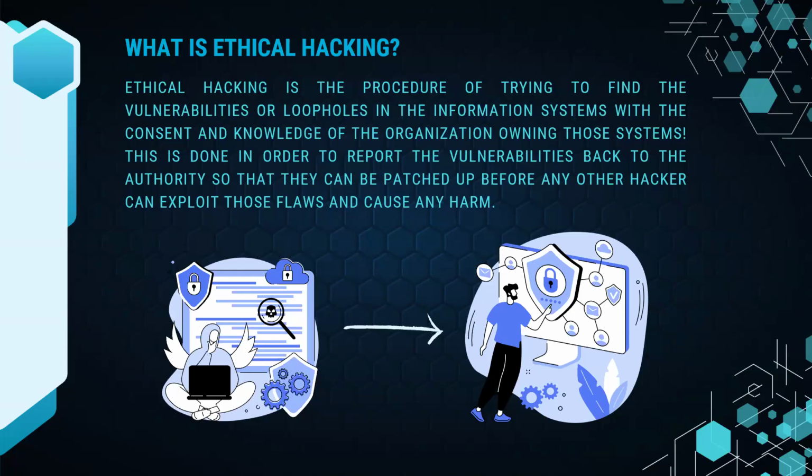These vulnerabilities allow attackers to perform hacking in the first place. Your job in ethical hacking is to find these vulnerabilities or loopholes in the information systems, and this is done with the consent and with the knowledge of the organization. You're working hand in hand with the organization, finding the vulnerabilities in their devices or applications, and reporting it back to the company.